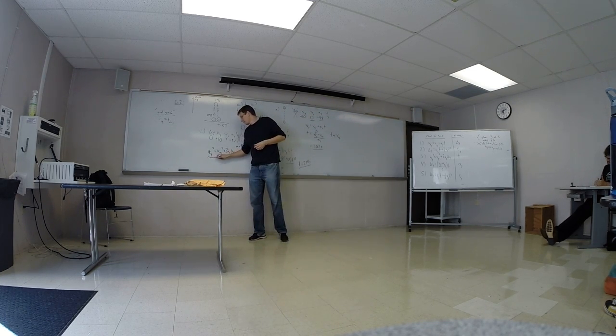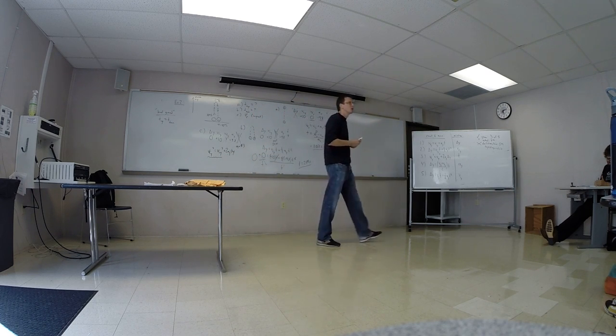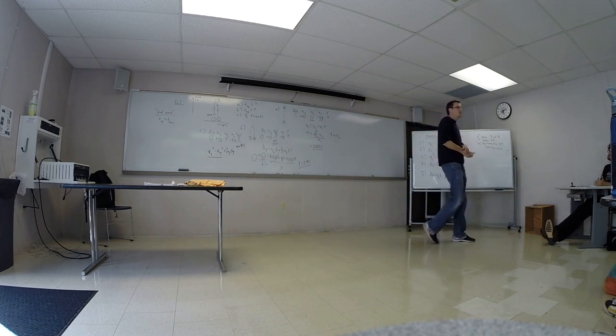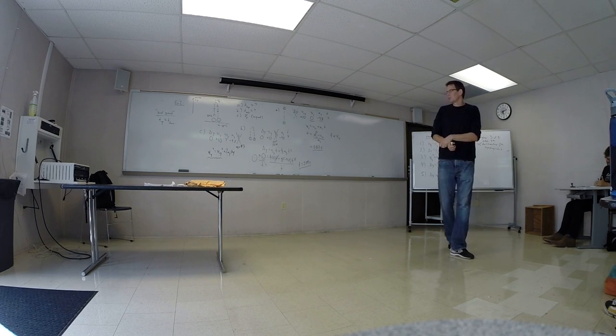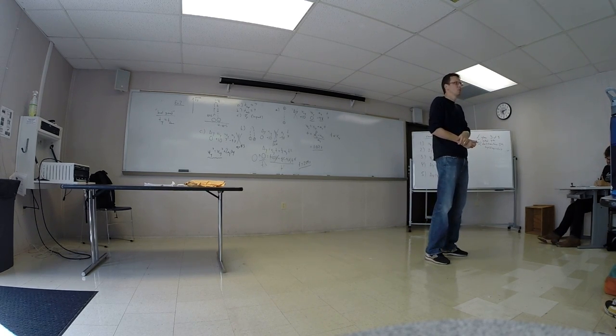So we get this. We get the squares of the initial and final velocities are equal. Does that mean that they are equal? No. 1 is not equal to negative 1, but their squares are equal, right?